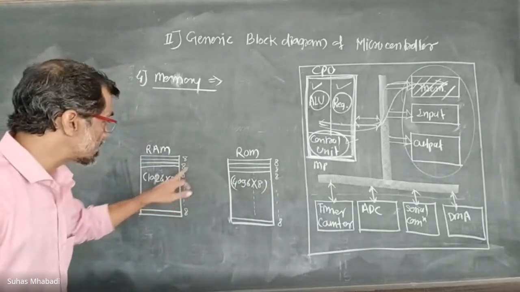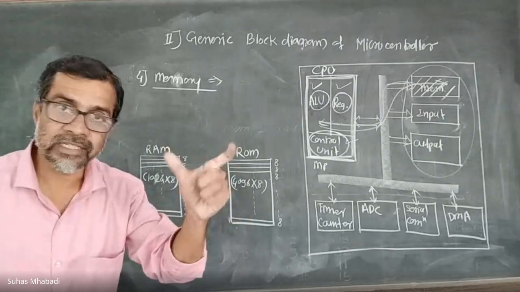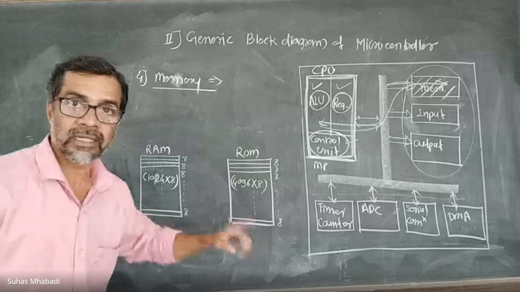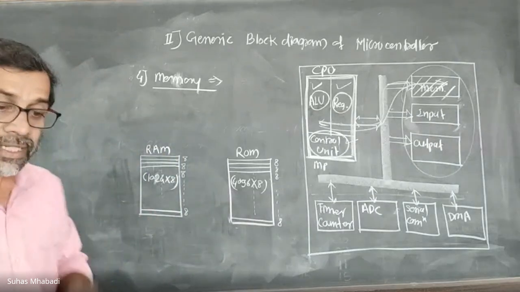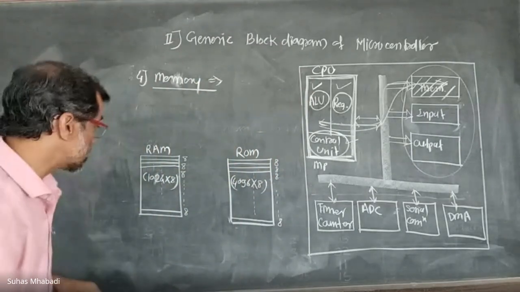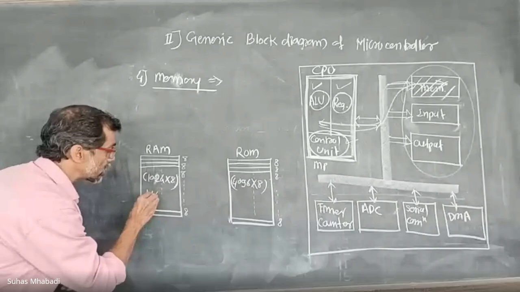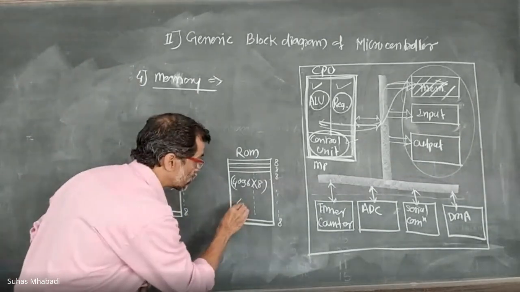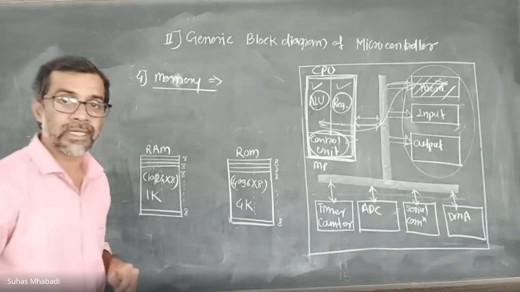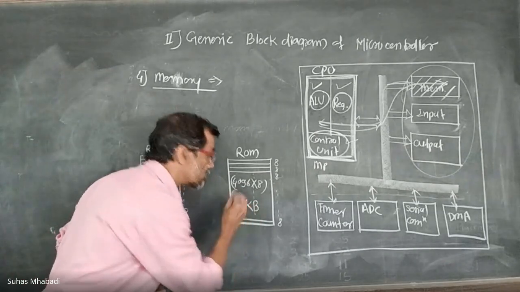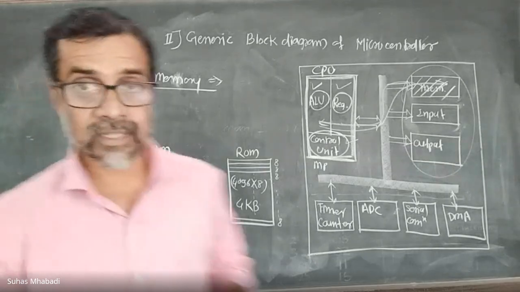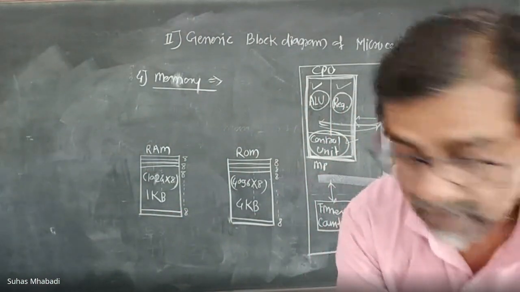This 8 indicates the size of a single register, and the first number indicates the number of registers in the memory. In short, we write this as 1 kilo memory, and this is known as 4 kilo memory, or kilobyte, B for byte. So the size of this is 1 kilobyte, and the size of this is 4 kilobyte.